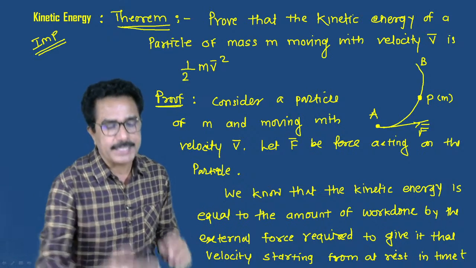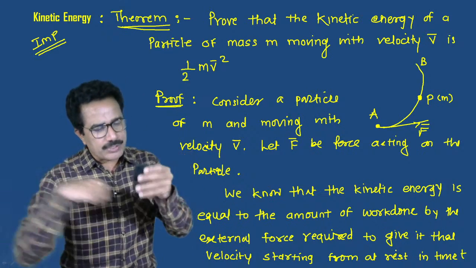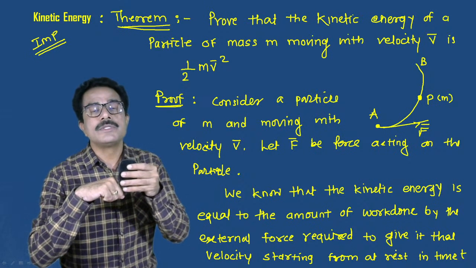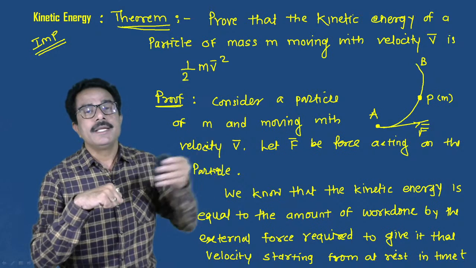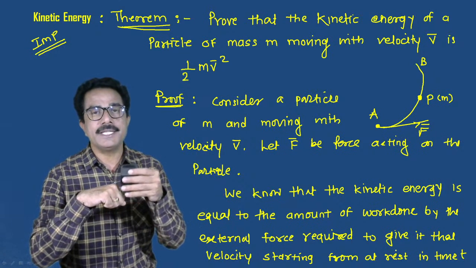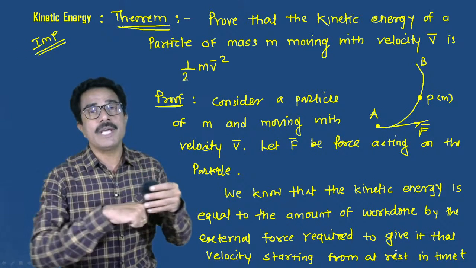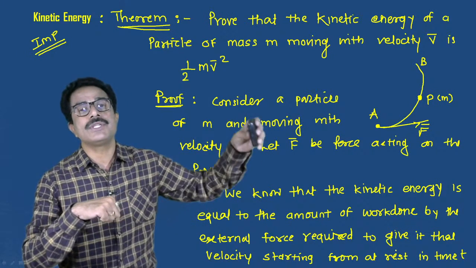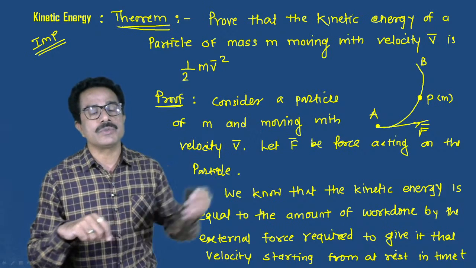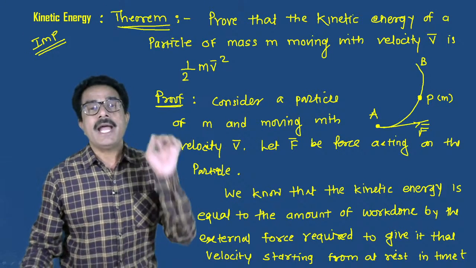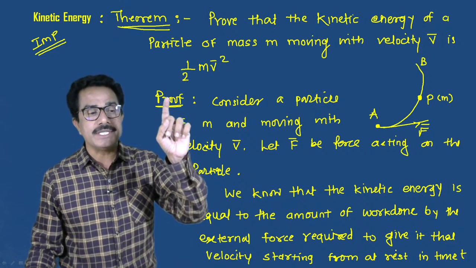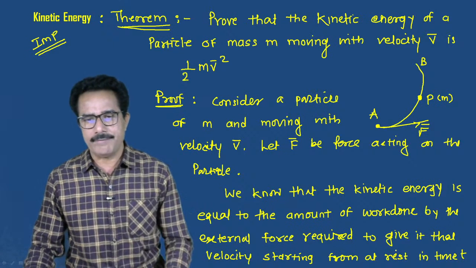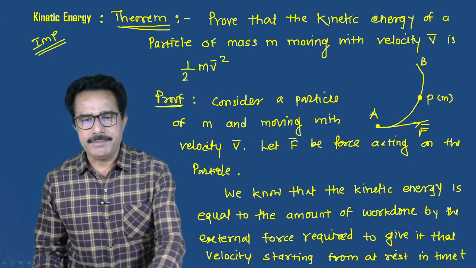If we apply some force on that particle, then the particle moves with the velocity v bar. Initially its velocity is 0, and due to the action of the force it goes to the velocity v bar from time t equals 0 to t. At the time t its velocity is given by v.